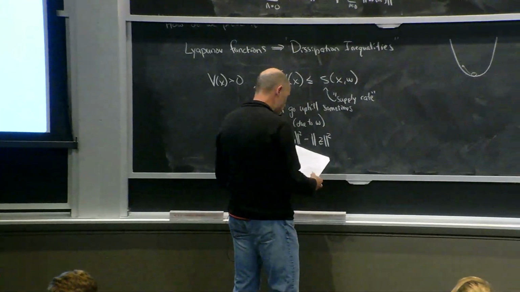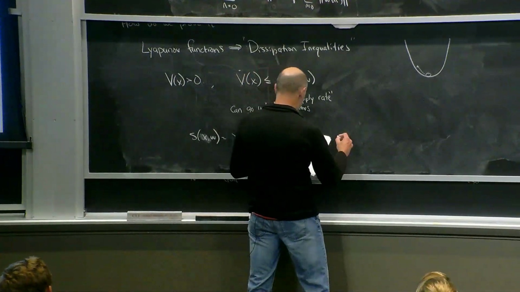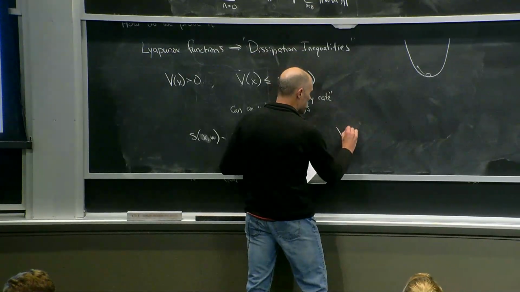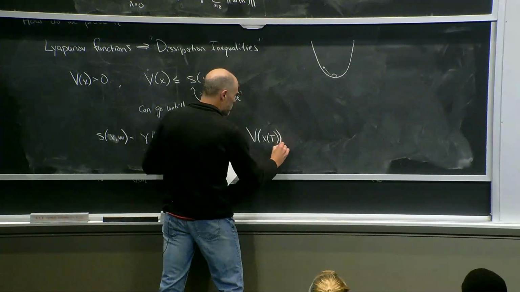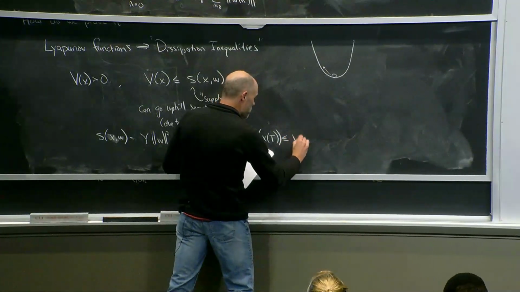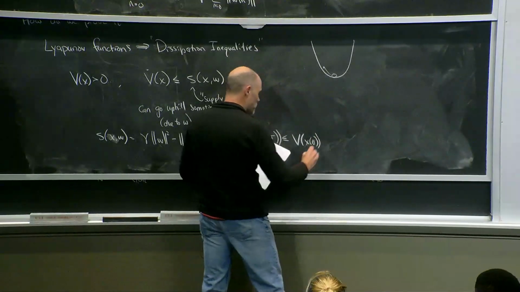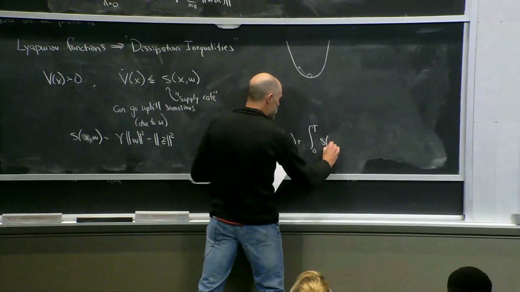Well, it turns out that if you have that, then that gives you your L2 gain, right? So why is that? So if you integrate out your Lyapunov function, then you know you can get a bound like this.